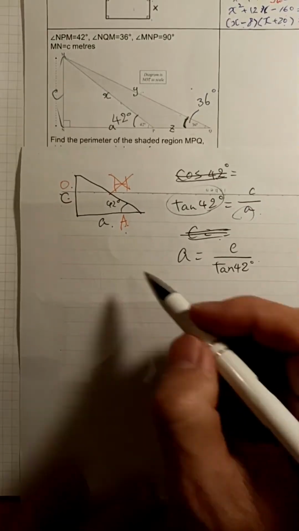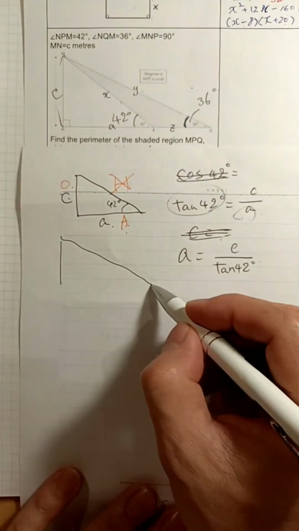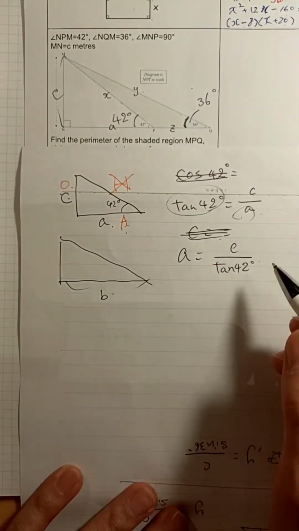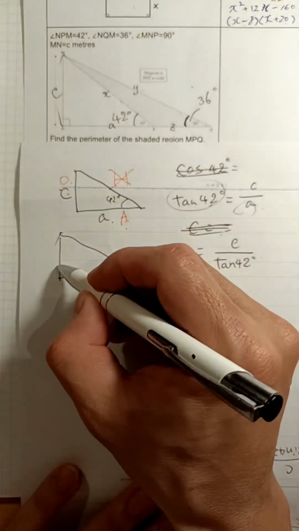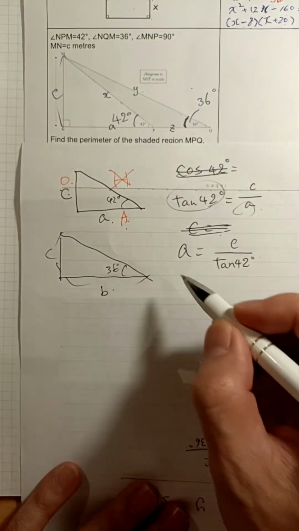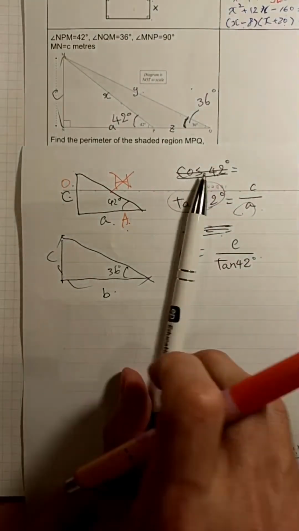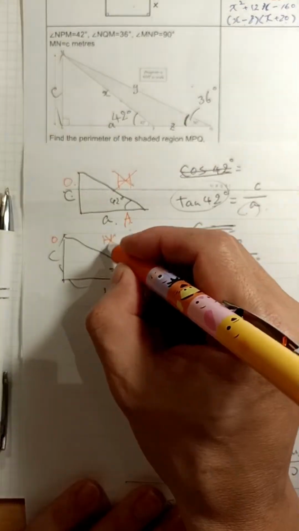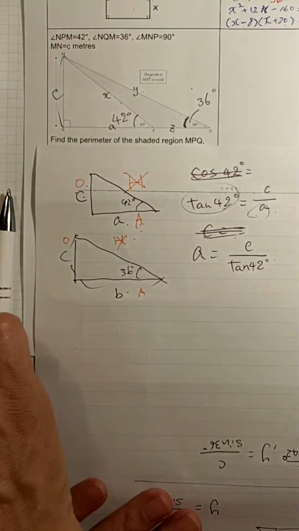Then if you look at the bigger triangle here, let's say from here to here is B, okay? Then this is C, and then this is 36. This is again SOHCAHTOA, O, A, H, and then cross out H, TOA, isn't it?